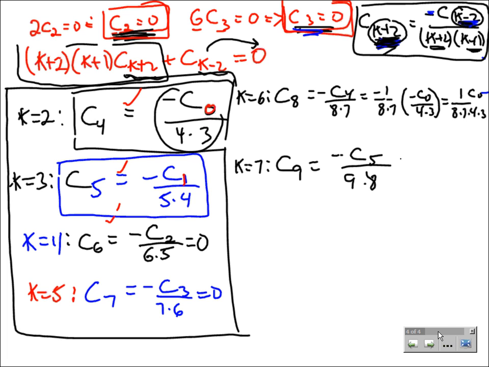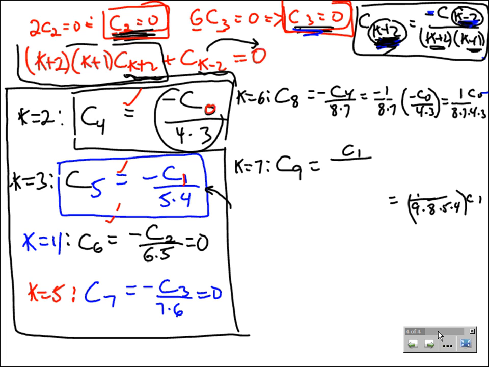So this is really negative 1 over 9 times 8 times C sub 5. But C sub 5 is negative C1 over 5 times 4, which gives 1 over 9 times 8 times 5 times 4, C1. That's how many C1s we have. That's K equals 7. And to save a little space, let me write it up here.